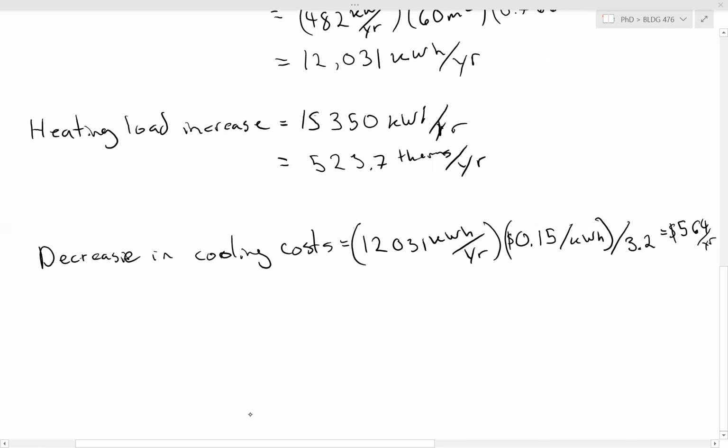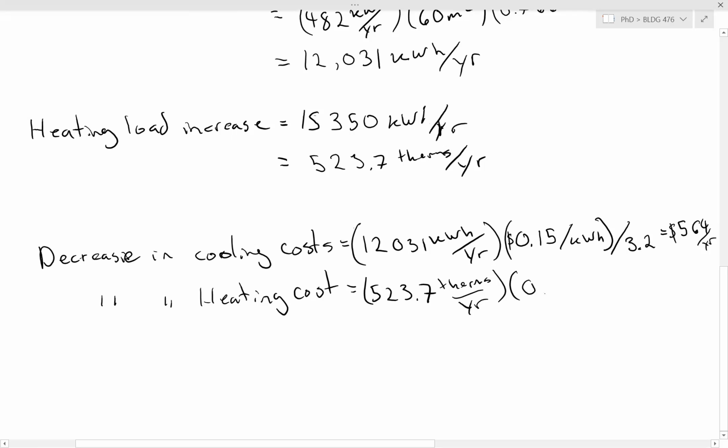And then the increase in heating costs is the 523.7 therms times 90 cents per therm, and this one has an efficiency of 0.9.